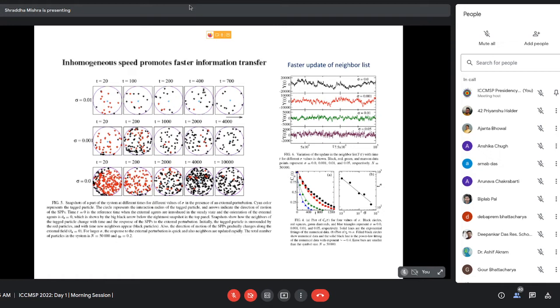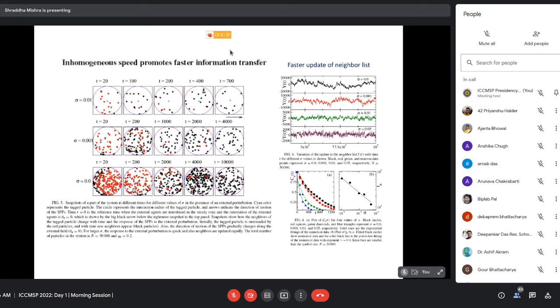But with time, these particles pass out of the circle and some new particles come in. Those that have been replaced by other particles are denoted by the black arrows here. With time, the red particles are replaced by the black, and slowly the flock orients towards the positive x direction, the direction of this arrow.